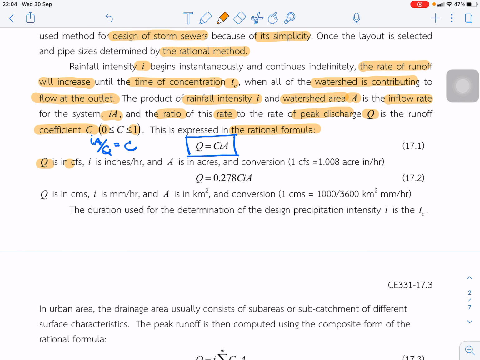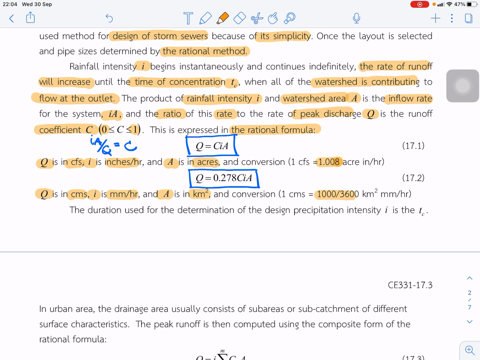Q is in units of cubic feet per second, I is inches per hour, and A is acres, and the conversion unit is 1 to convert acre-inch per hour to cubic feet per second. If Q is in cubic meters per second, we have to use this equation, where I is millimeters per hour and area is square kilometers.